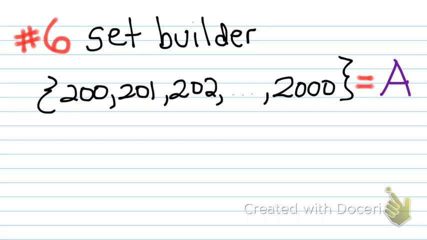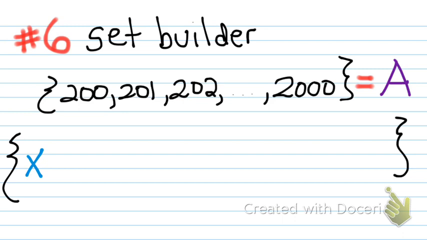I need to write this using set builder. So in order to do that, I draw my curly brace. Always draw your curly brace. I pick a letter, but write the letter small. It could be any letter. Inside the curly brace, we use a lowercase letter, such as little x, or little a, or little b.